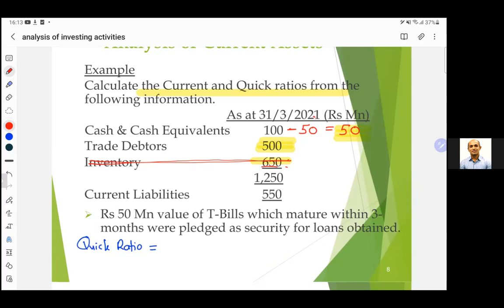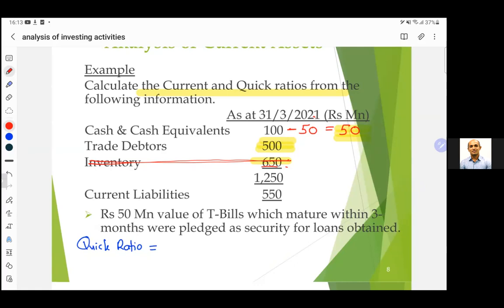Let's say you are running a trading business and your inventories are moving very fast. Think about a supermarket. Some inventories are moving very fast. Then you can take such inventory to calculate the quick ratio.